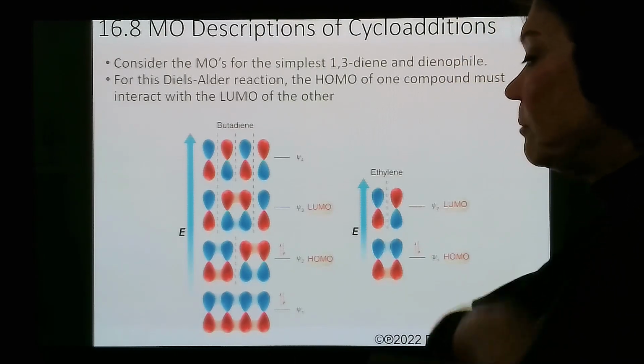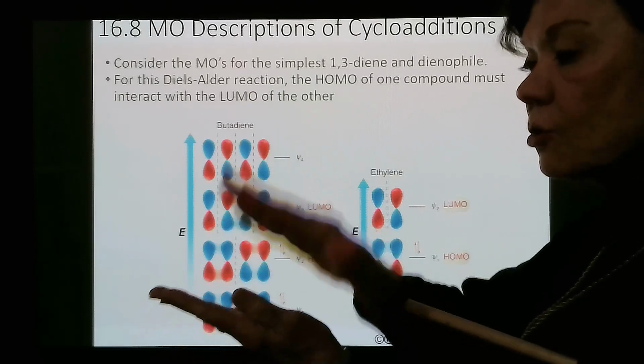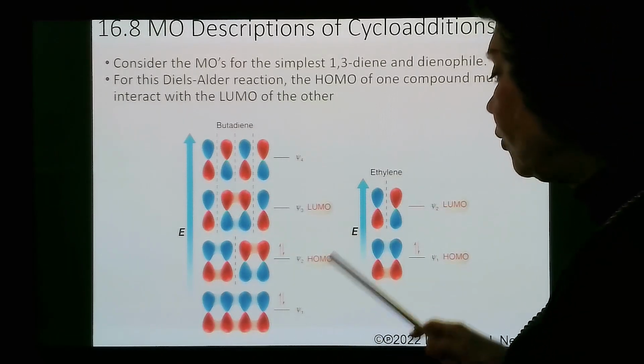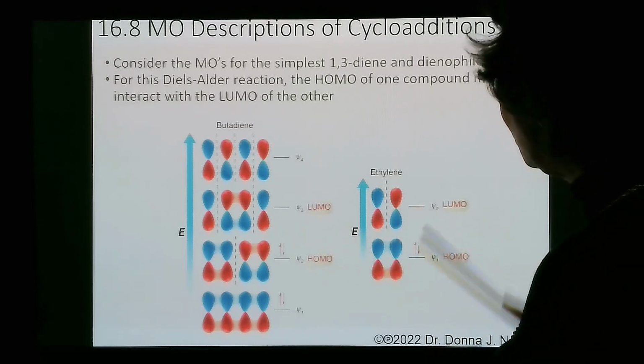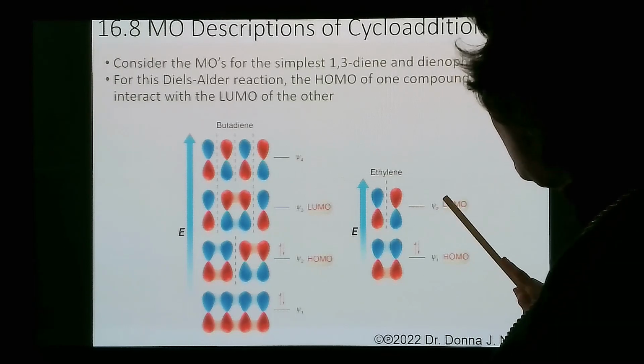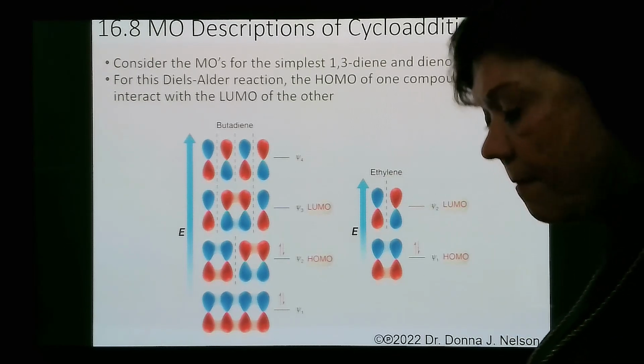So the pi systems have to come close together, sort of face on, so that you can have an interaction between the pi systems. So it's called a HOMO-LUMO interaction.